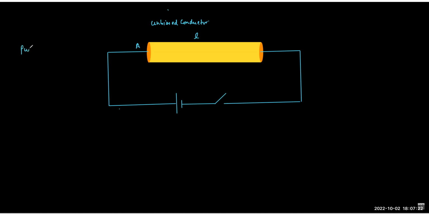So the idea is, for a pure conductor, the resistance is always tending to zero. It is negligible. It is not exactly zero.